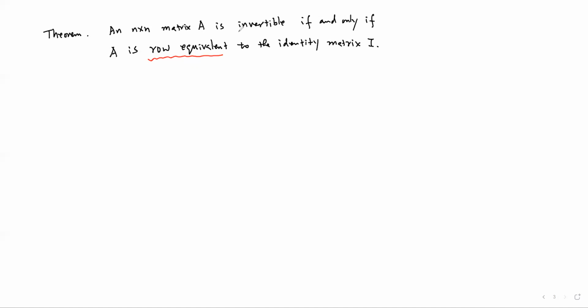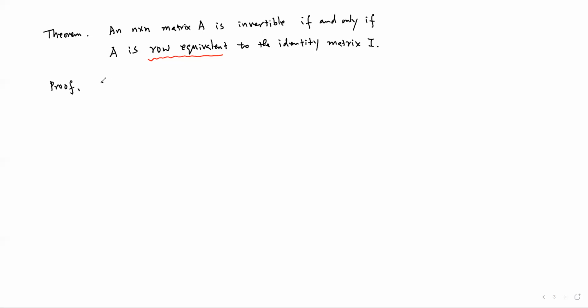The reverse is also true: if matrix A has an inverse, then A must be reducible to the identity matrix. This is what the theorem says. The proof is not difficult. Let me try to prove it.